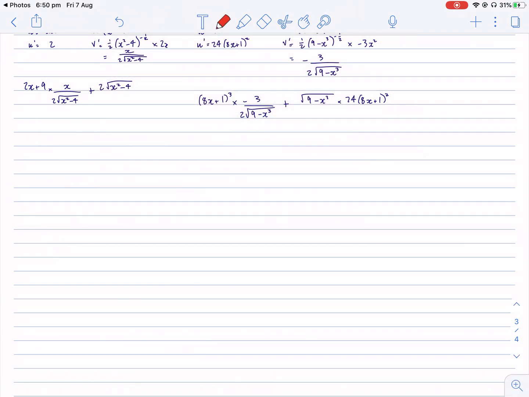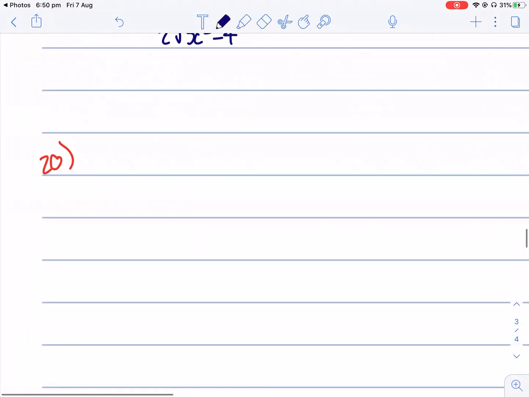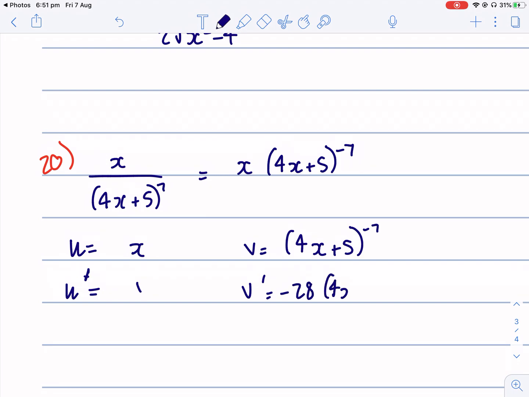Last but not least, 20. Now, we've got x on (4x plus 5) to the 7, which is the same as x times (4x plus 5) to the negative 7. u dash, v dash, x and 1, lovely. (4x plus 5) to the negative 7 becomes negative 28, (4x plus 5) to the negative 8.